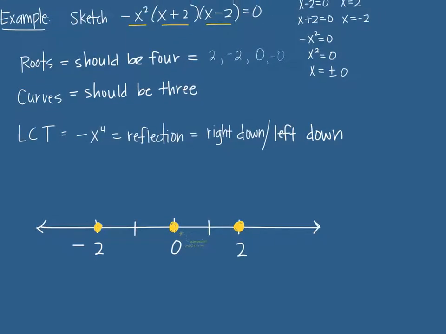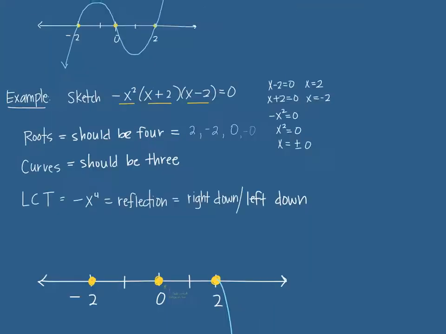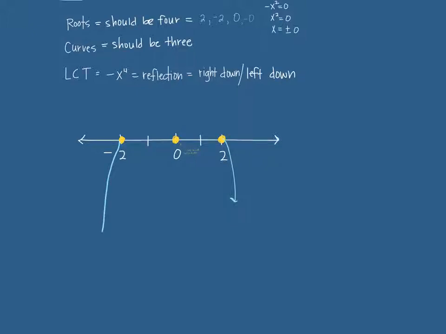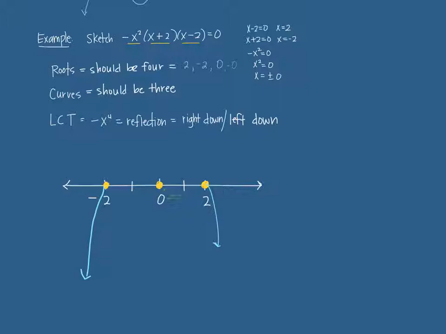Okay, so let's draw it. Right side down, left side down. There needs to be a curve between 2 and 0. There needs to be another curve between negative 2 and 0.